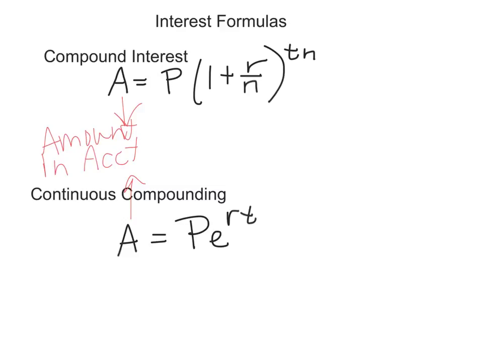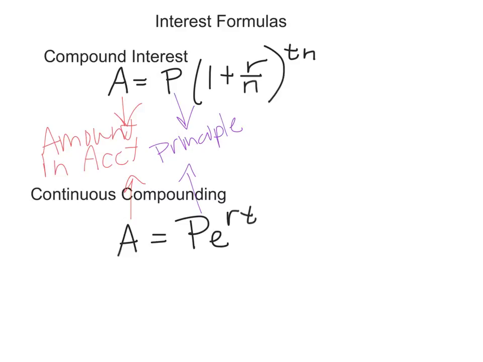So that's what you have in your account once you figure out your interest. The P is what you start with, and that is called principal. So the principal value, which is what you start with.